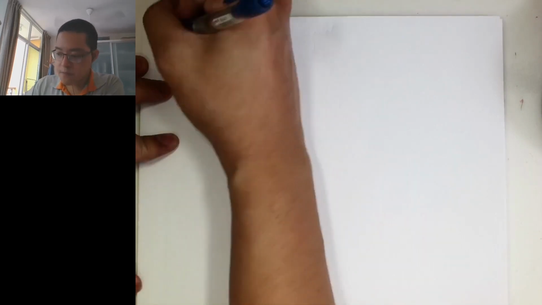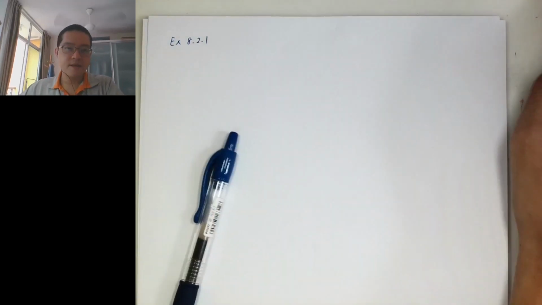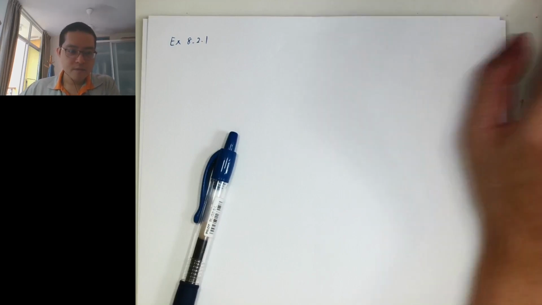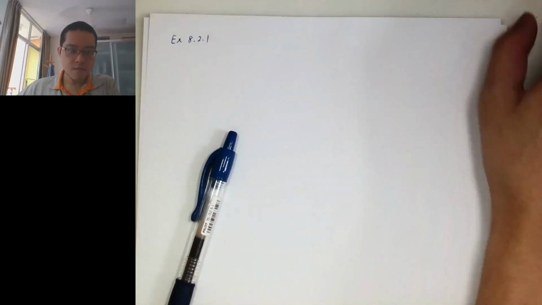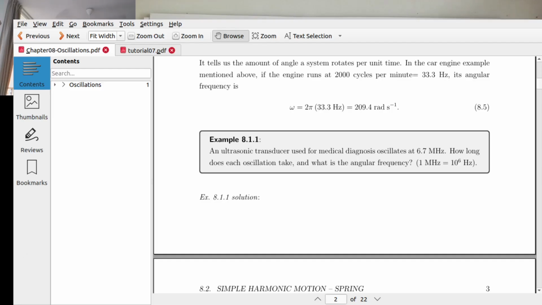So let's work a simple example, 8.2.1. This one is a standard and basic example, so let's see how to solve it. Why is it not showing?